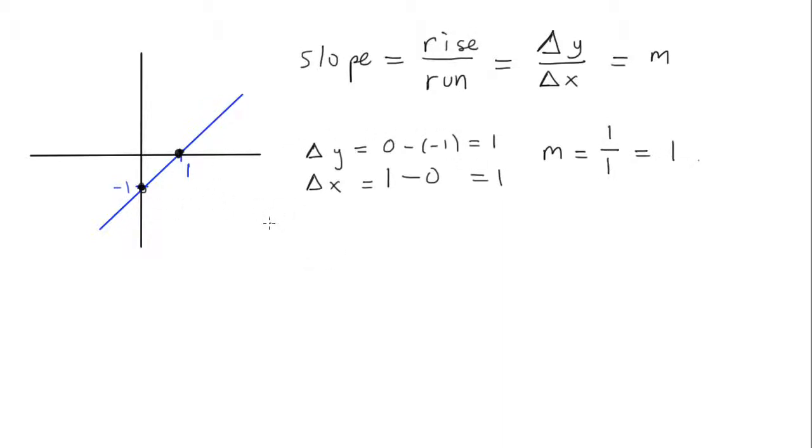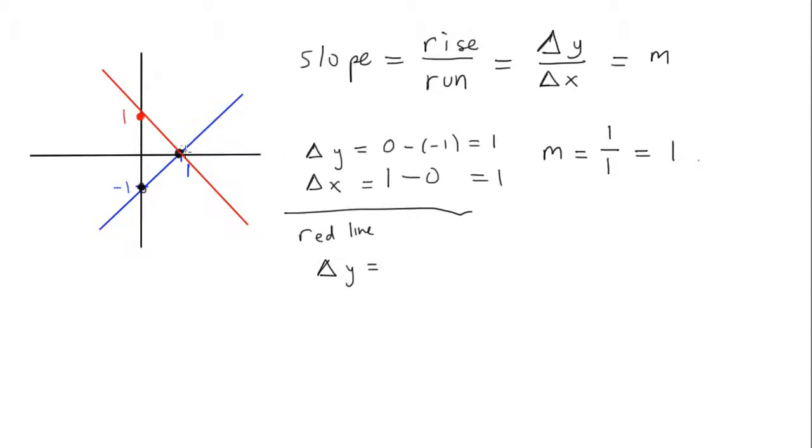Now, as I said, the slope could be negative, so let's look at another example, another line. So let's put this point up here at, say, 1, and then draw the line through here. So our red line has delta y.